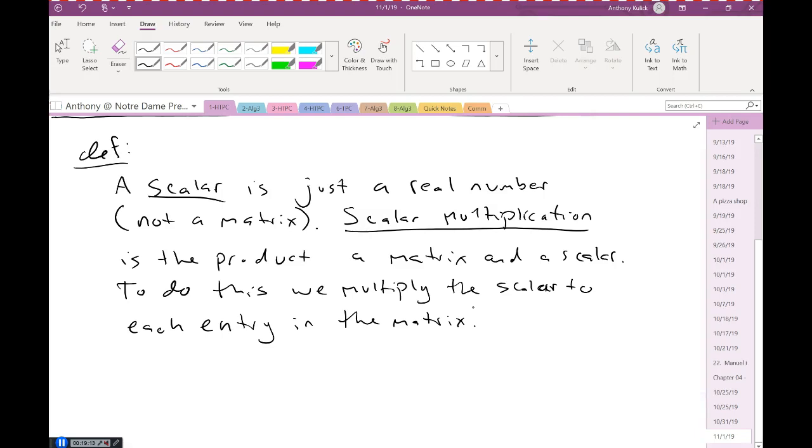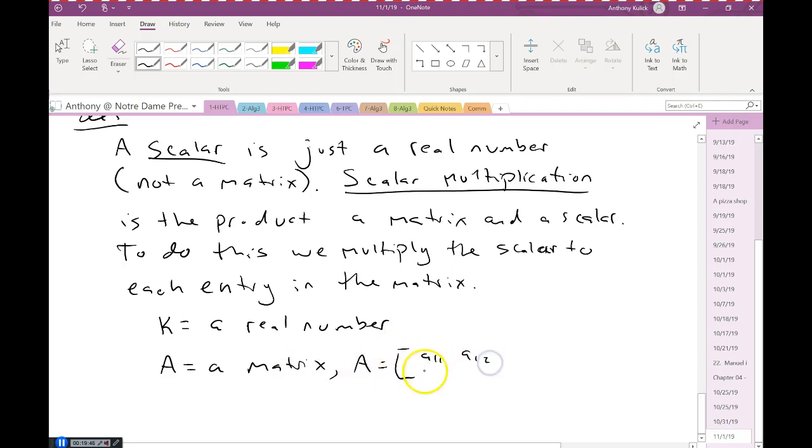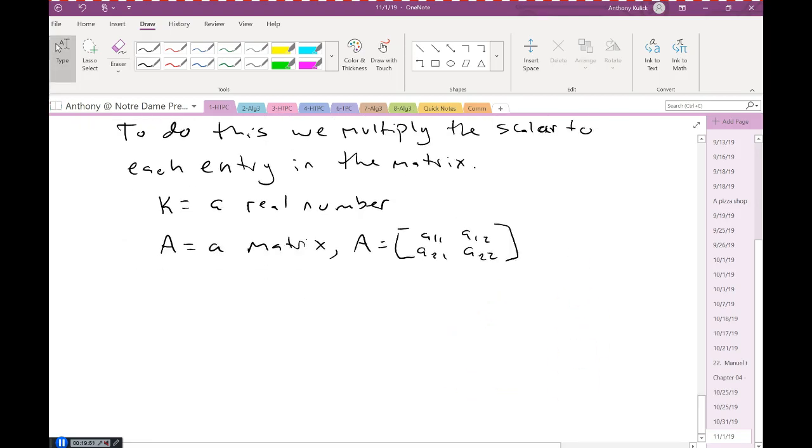So just like we did for addition, we've written a kind of in words definition. But let's also write a symbolic one, because oftentimes the symbolic definition is going to be kind of more useful to us going forward. So if I have k being a real number, and A is some matrix, and just for the sake of example, I'm going to say A is the 2 by 2 matrix described here.